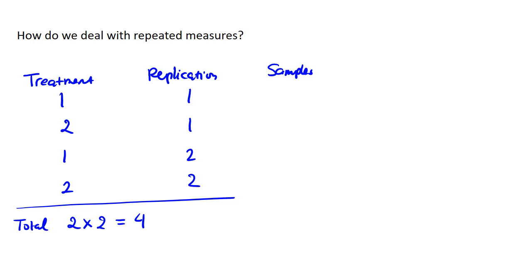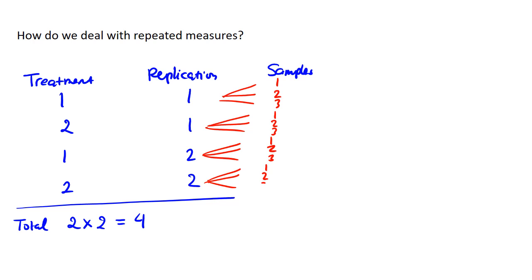If we take S measurements for each experimental unit, for example, we take 3 measurements for each experimental unit, we have 12 observations.